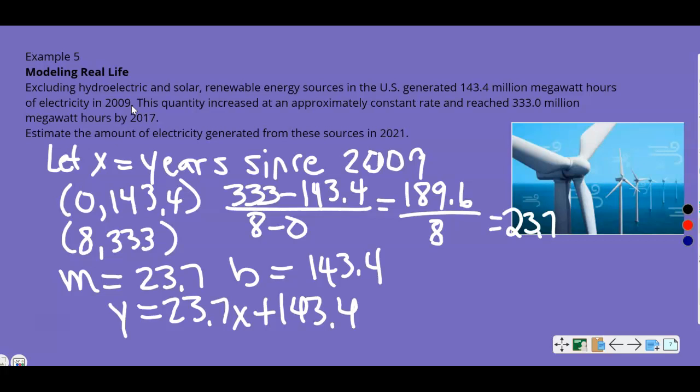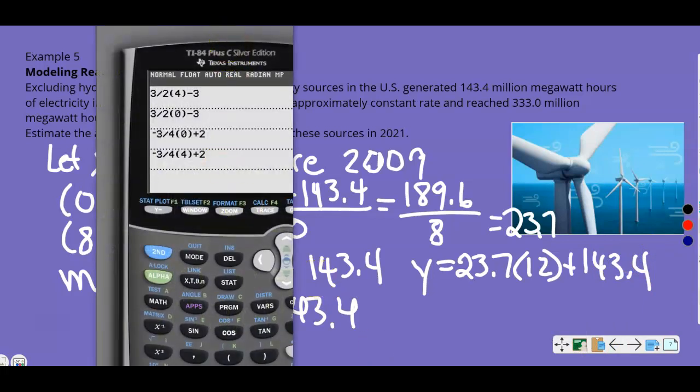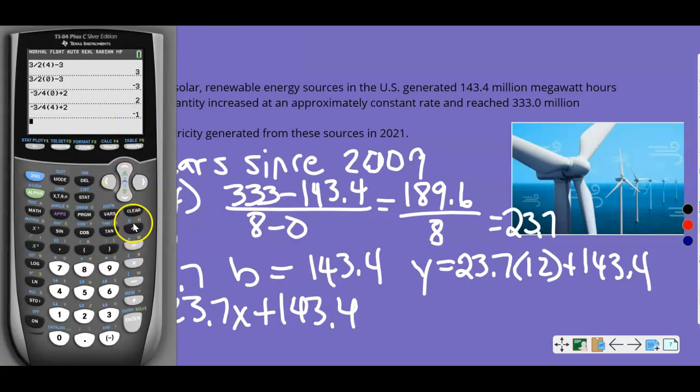So we can take our equation that we have and simply plug in the number 12 for x. X would be the years. So if we go y equals 23.7 times 12 plus 143.4, that will give us our answer. All right, so let's see what we've got here.